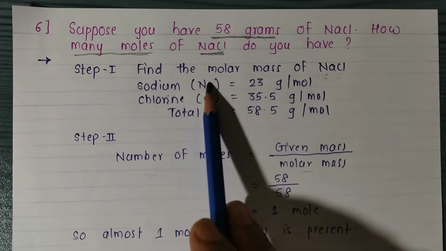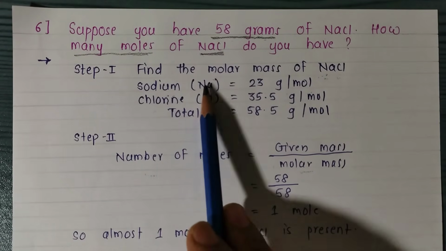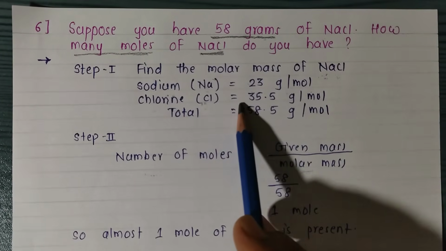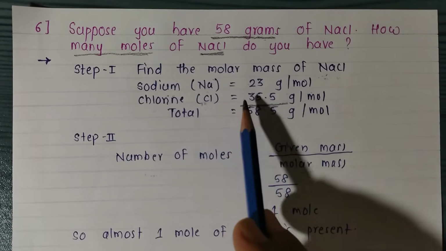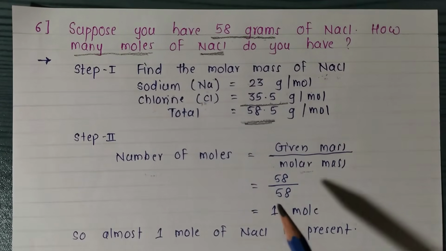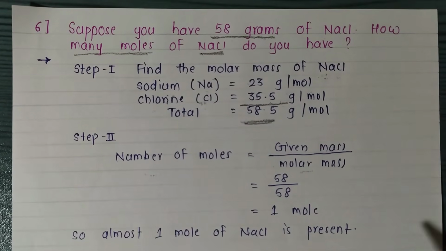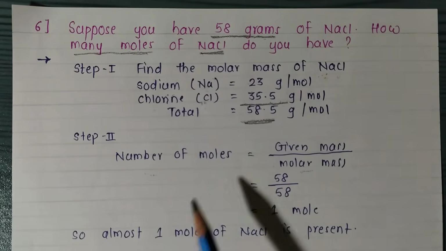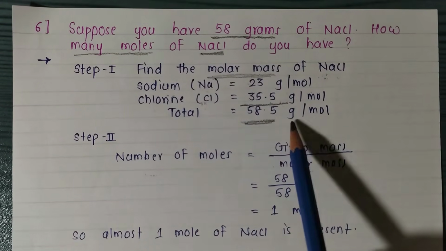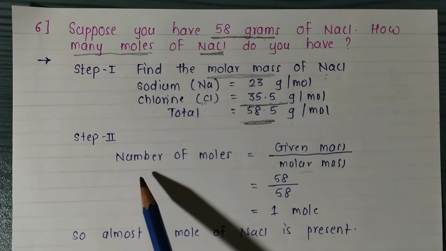NaCl is formed by the combination of sodium and chlorine, so we add 23 plus 35.5, which is 58.5 gram per mole. This is the molar mass of NaCl.